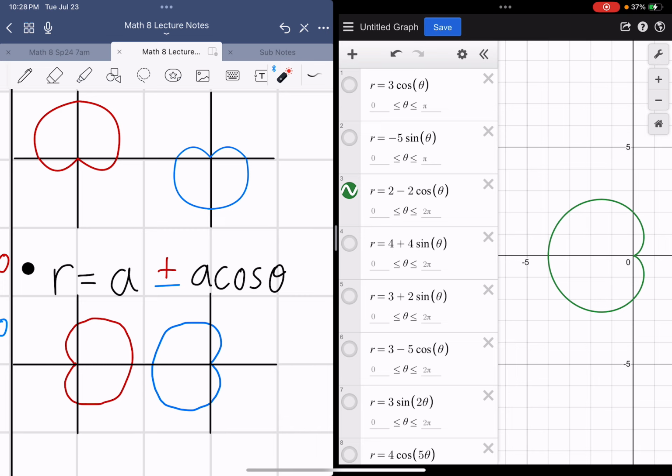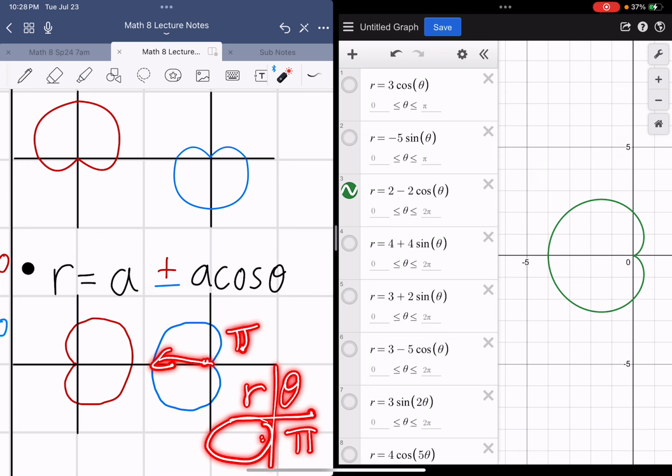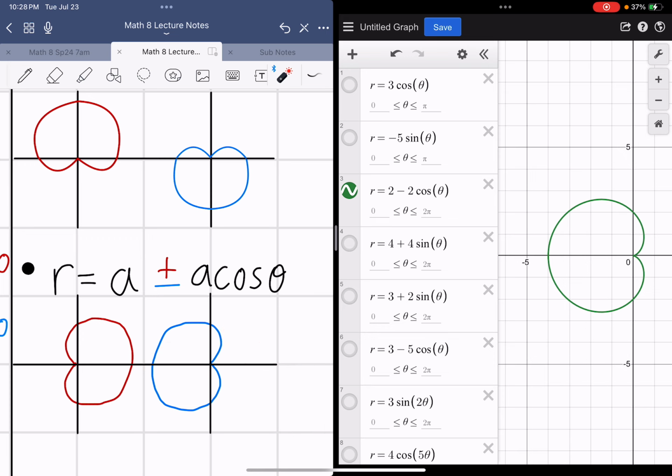Like I said, you're always going to have the table at your disposal. So if I want to verify, well, I'm not sure if it is pointing in that negative direction, you can always make your r theta table. And I know this direction is pi. I can plug in pi and find my value for r.